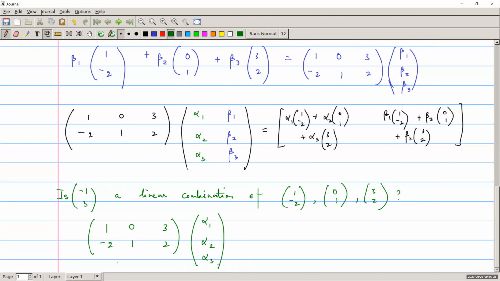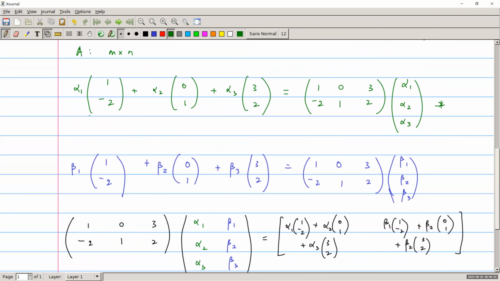But to say it out loud, a linear combination of these three vectors will be a number alpha 1 times the first vector plus a number alpha 2 times the second vector plus a number alpha 3 times the third vector. That's a linear combination, and that happens to be this matrix multiplication.